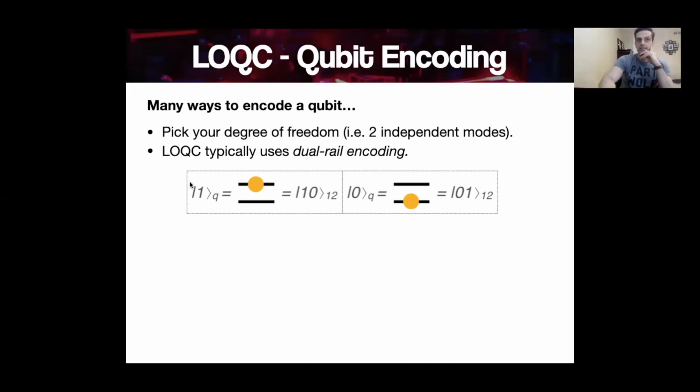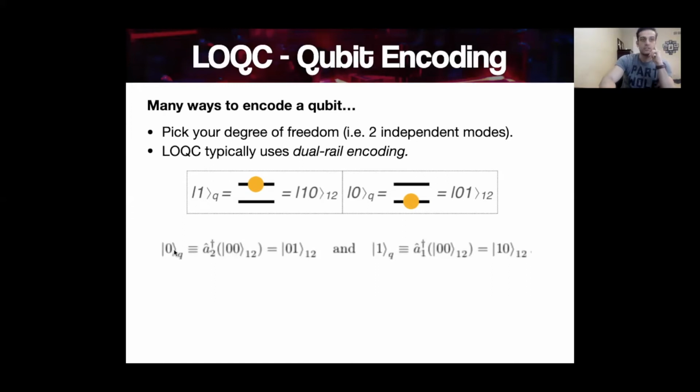I want to hammer this home, that these are all different ways of writing the same thing. So a qubit in the logical 1 state is the photon in the top rail. It's equal to one photon in the first rail, zero photons in the second rail.